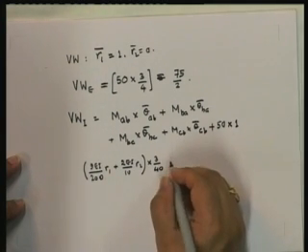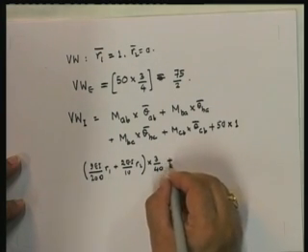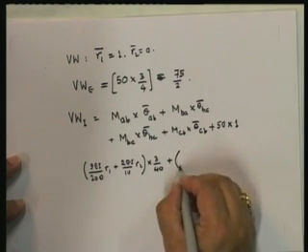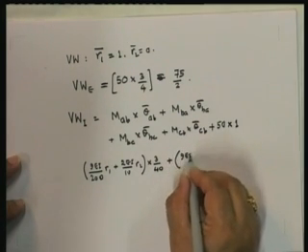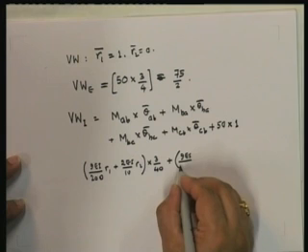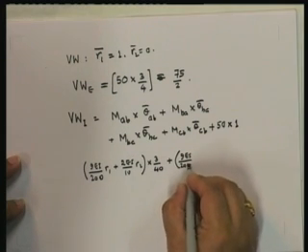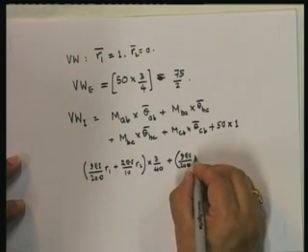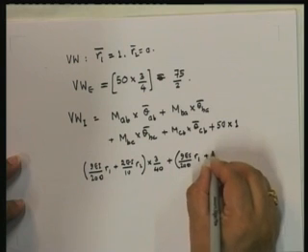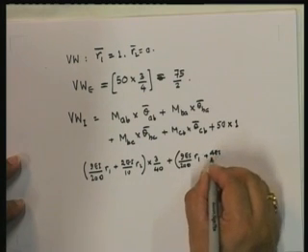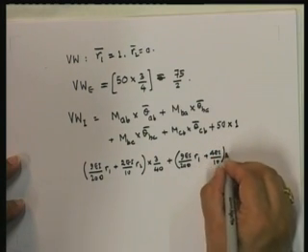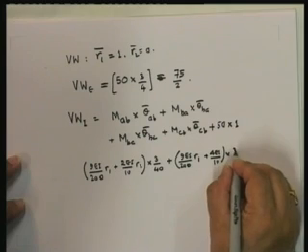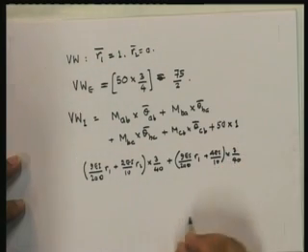Then plus MBA. MBA is equal to 9 EI upon 200 R1 plus 4 EI upon 10 into 3 by 40.